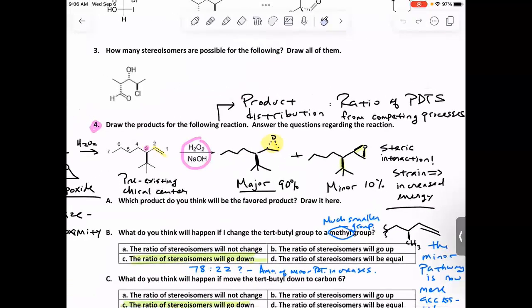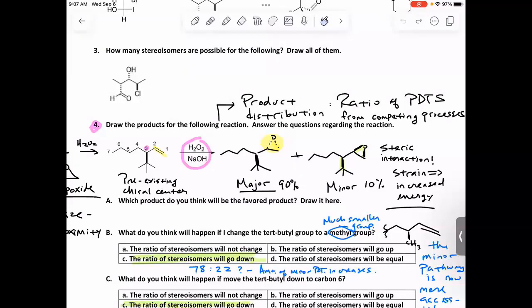We talked about sterics, which is simply a physical interaction between substituents, right? If they're large enough to touch, that's going to create a steric interaction, and it's going to increase the energy of the reaction itself, as well as the product.